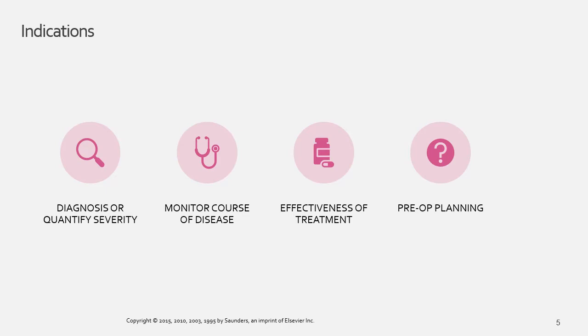Are they getting better year to year? Do we need to change medication or medication routine? And then pre-op planning. Even children have operations. Tonsillectomies and repair of a compound fracture are fairly common in the pediatric population, and we want to see how well they breathe before going under anesthesia.